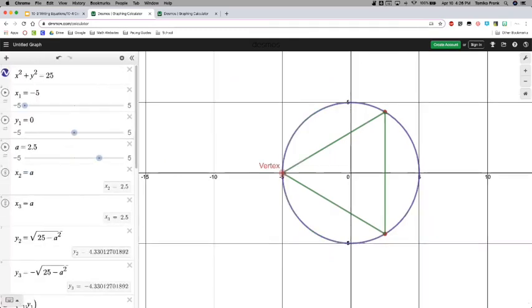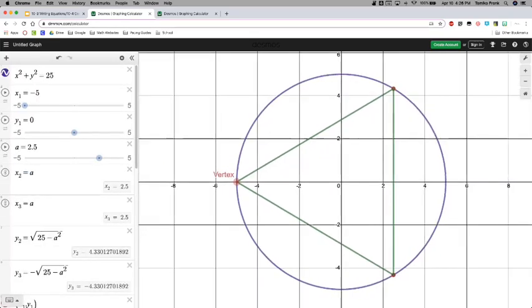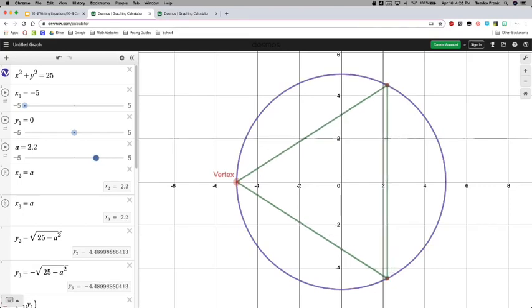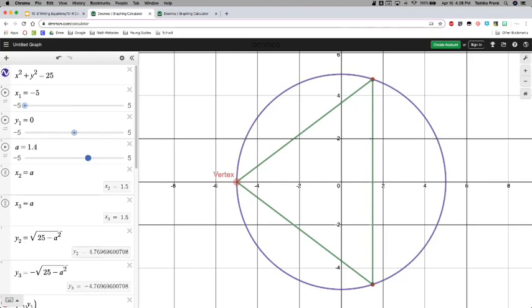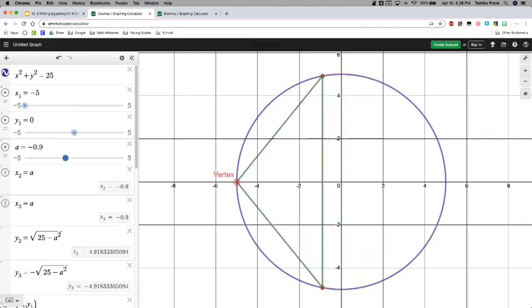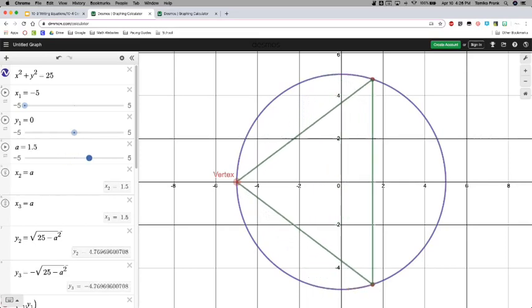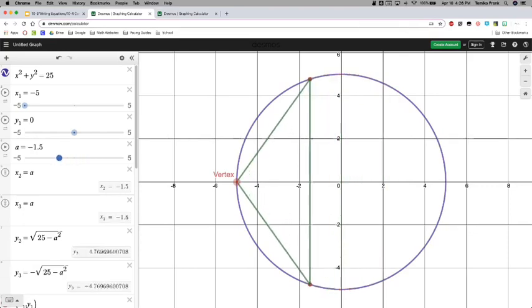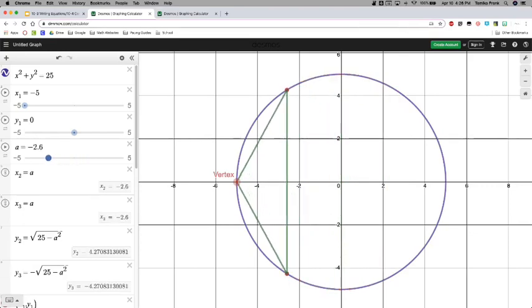Now remember, these diagrams are all about all of the possibilities. If we watch the slider here, we can change where the base of that triangle is drawn. As the height of the triangle changes, we get varying triangle possibilities. We've got an infinite number of triangles that we can stick inside this circle.